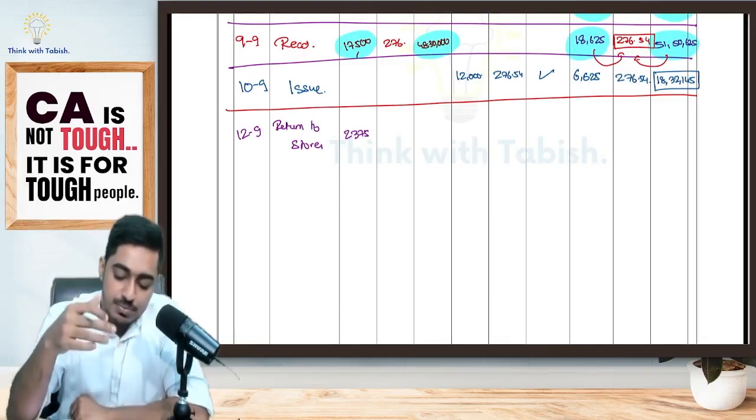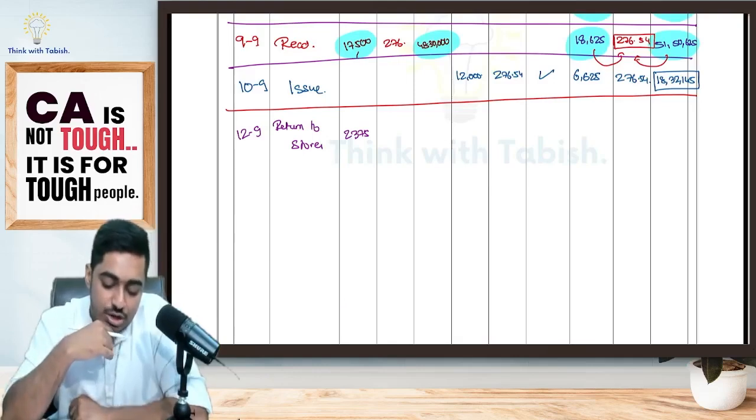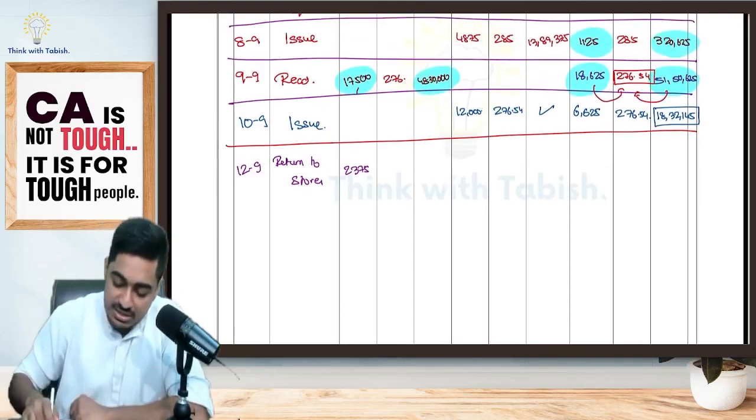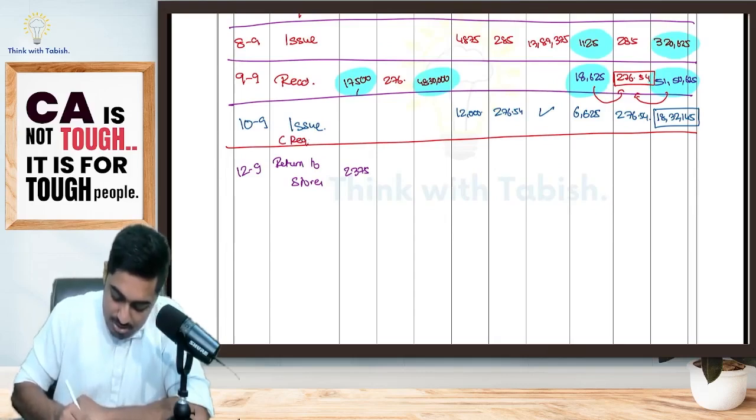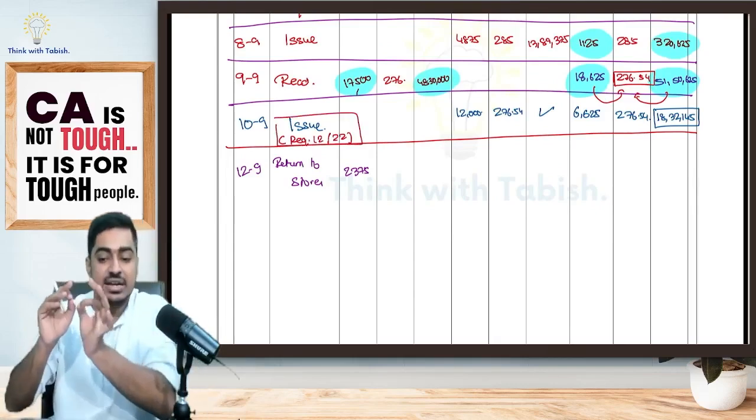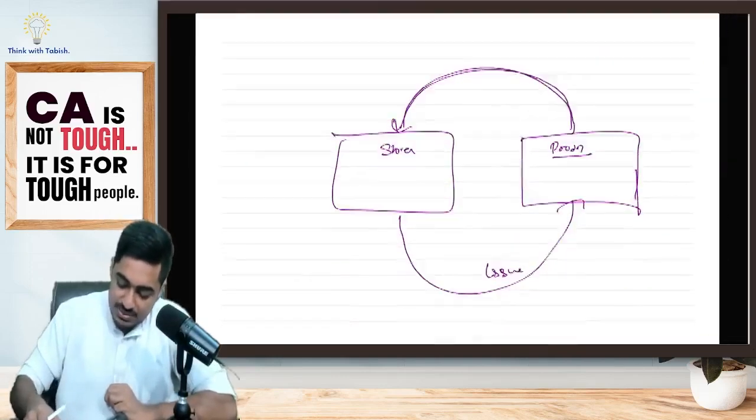If you go to the previous date, on the 10th you are seeing I had issued 12,000 units using my material requisition number 12/22. Yes or no? On September 10th, pay attention, understand this complete story.